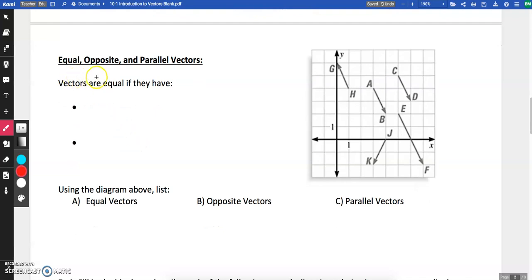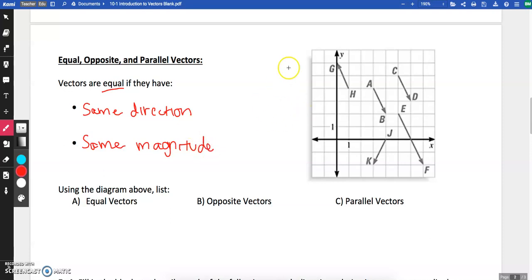Okay, so we also can look at whether vectors are equal, opposite, or parallel. So equal vectors have the same direction, meaning they're pointing the same way, essentially, and they have the same magnitude. What might be different is where they kind of land in space. So the same direction, same magnitude.